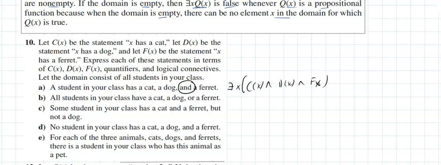When I look at for all, we also have a cat, a dog, or a ferret, but this one says or.